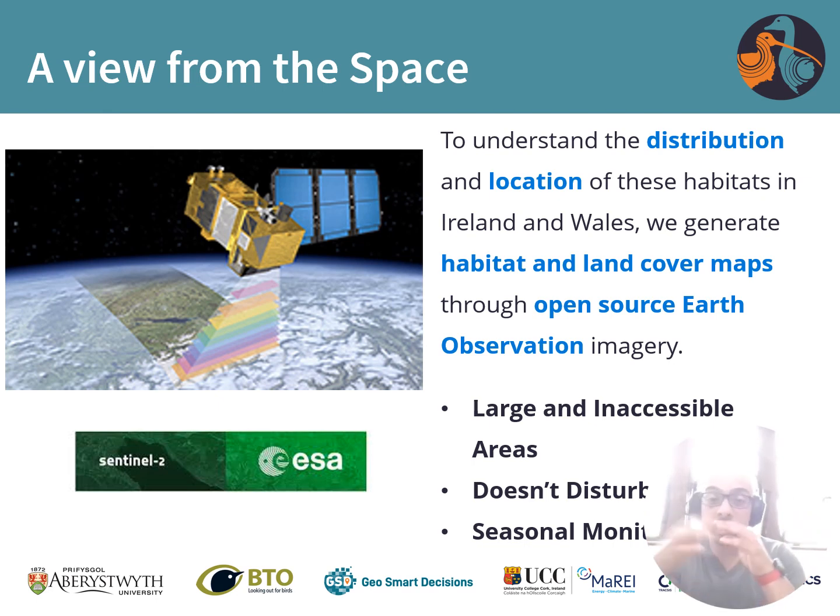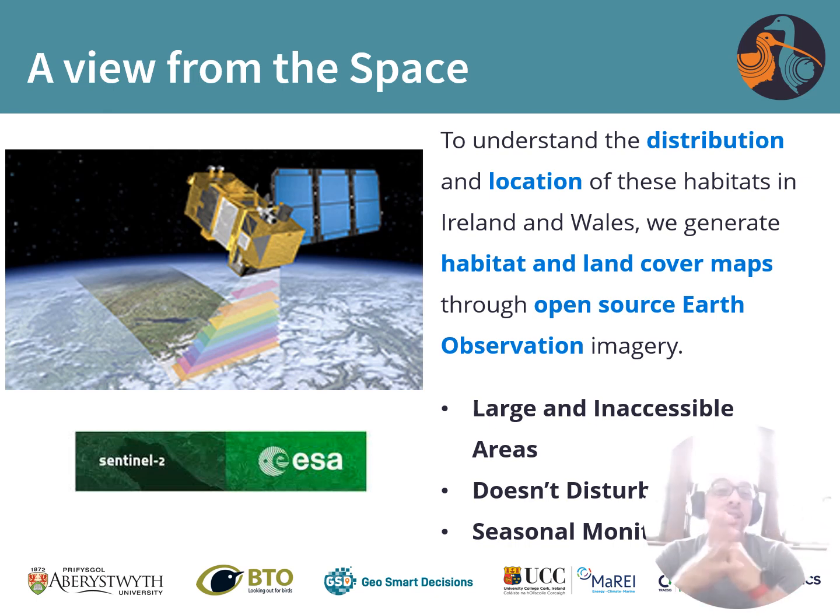And for the current situation, for example, to map the current situation of these kinds of habitats, we use the European Space Agency mission Sentinel-2, which gives us information about the different kinds of areas.